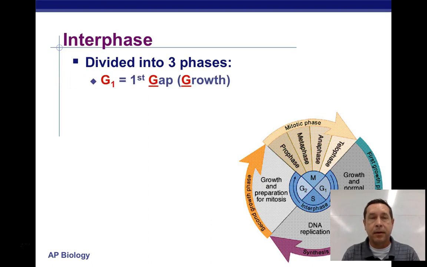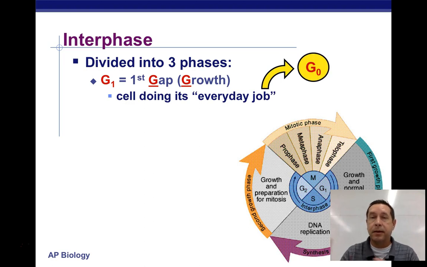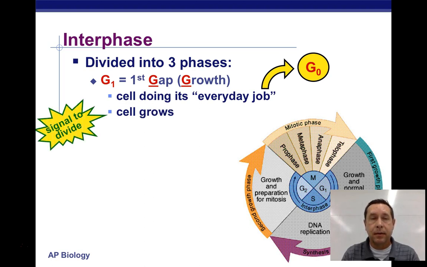There's the G1, the first gap phase or growth phase. This is typically the cell doing its normal thing. Sometimes cells will go from G1 into G0 like the nerve cells. As the cell grows, maybe it receives a signal saying, hey, we need to divide. Okay.